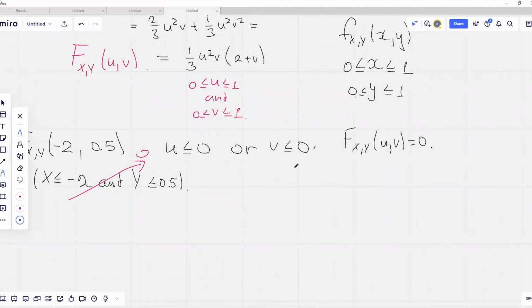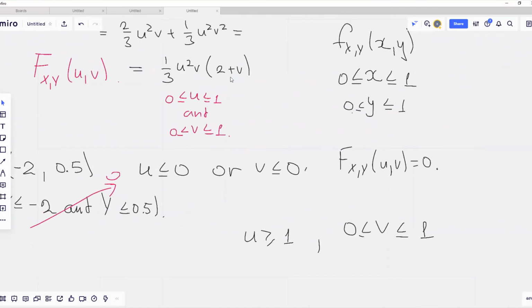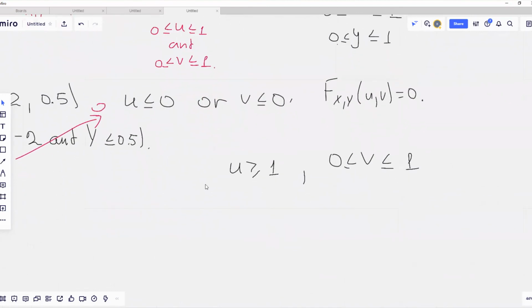Now our CDF should be defined everywhere. Now let's consider the case when u is greater or equal than 1. If u is greater or equal than 1, and let's assume that v is in interval from 0 to 1, then we can use the formula that we derived here, but we have to substitute the value of u equal to 1.